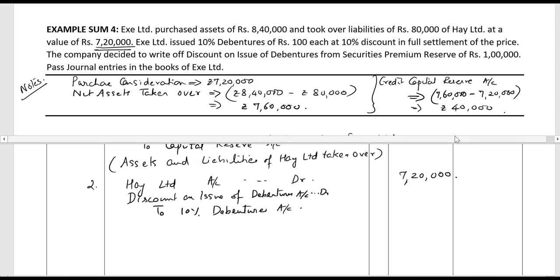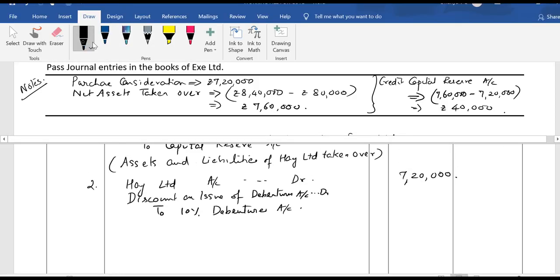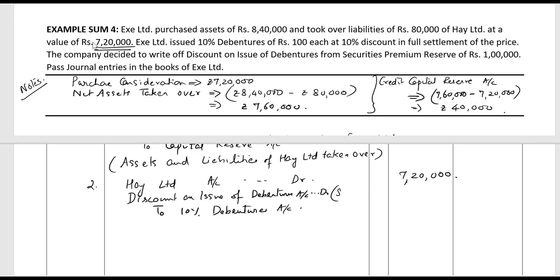We'll insert it in the entry. Against discount on issue of debentures, it's 8,000 debentures multiplied by rupees 10 discount per debenture, 80,000 rupees. And against 10% debentures, it's 8,000 debentures multiplied by the face value per debenture, rupees 100, comes up to 8 lakh rupees.